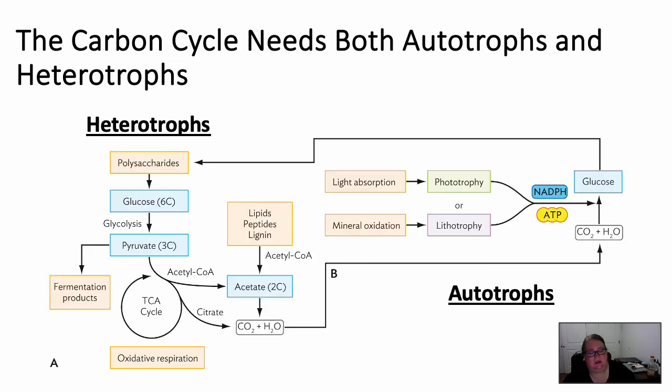Now, the carbon cycle is pretty cool because it needs both autotrophs and heterotrophs in order to function, and sunlight. Okay, so let's start down here with autotrophs. This is my preferred cycle, but we're also going to look at some other things too, because we're going to have light absorption. So we're going to have the autotrophs that go through phototrophy, aka they go through photosynthesis.